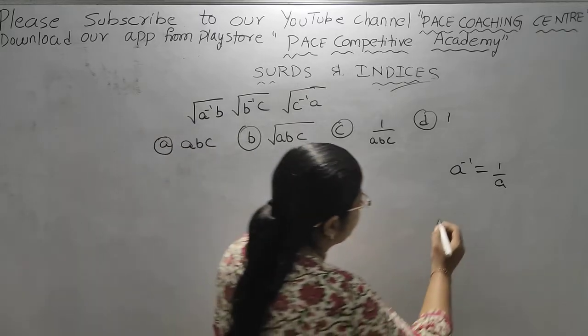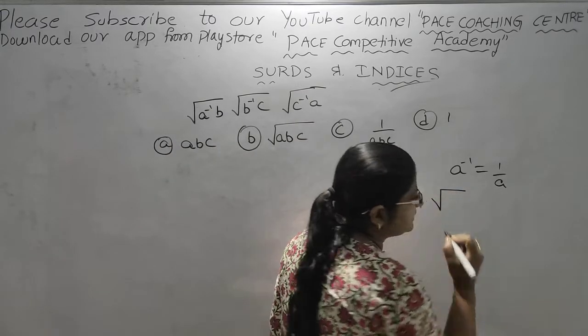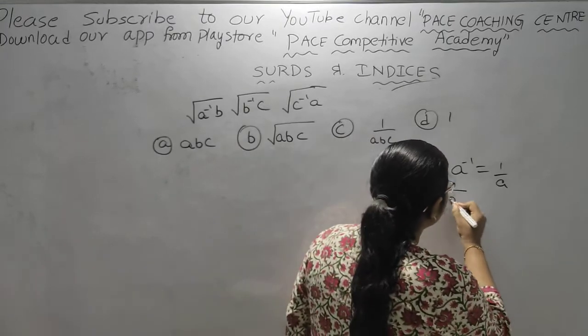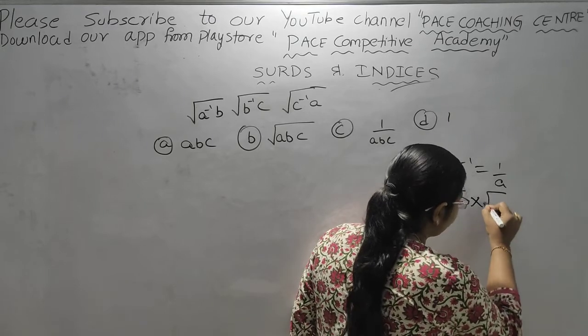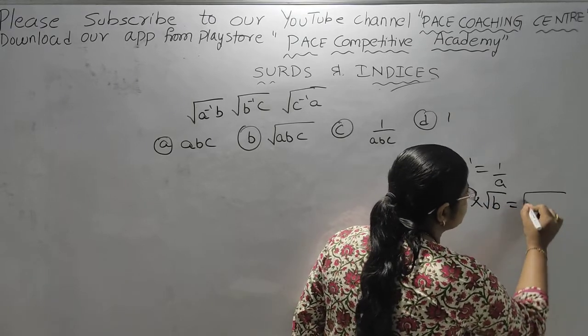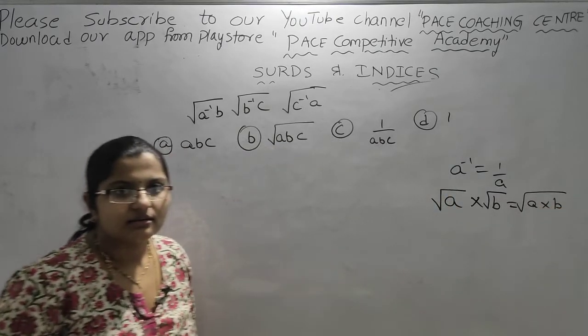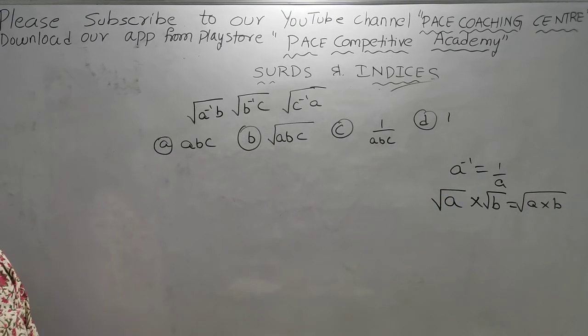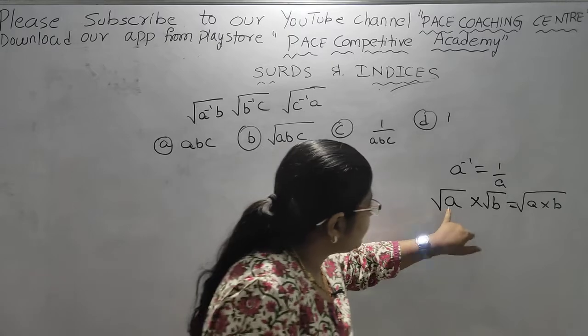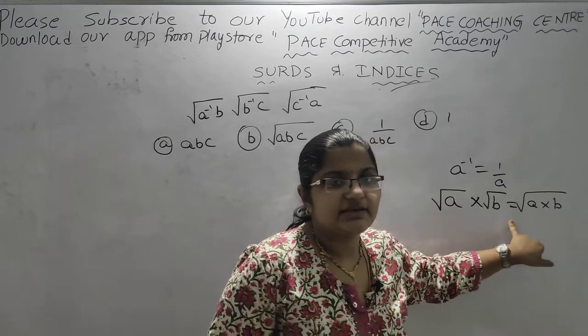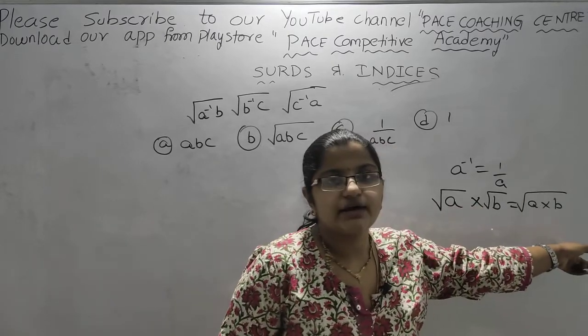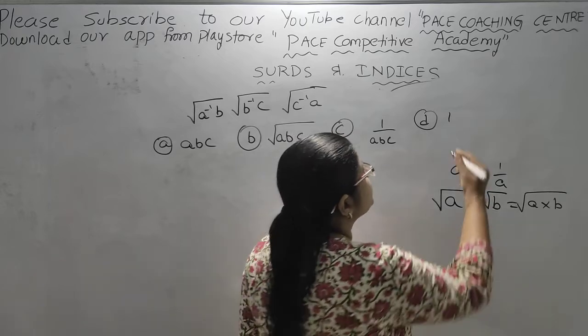And again from the law of surds, root A into root B can be written as root over A into B. But if root A plus root B is given, it can't be written as root over A plus B. Note this point.